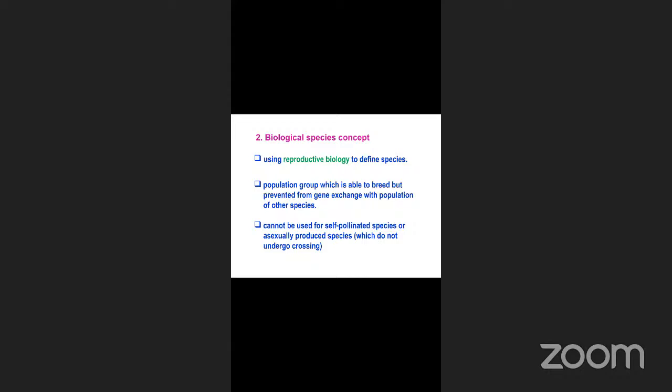A species is a population group which is able to breed but is prevented from genetic exchange with populations of other species. That is the biological species concept.